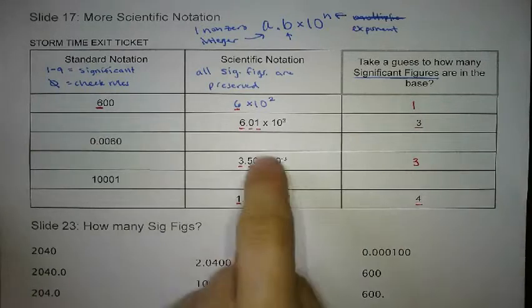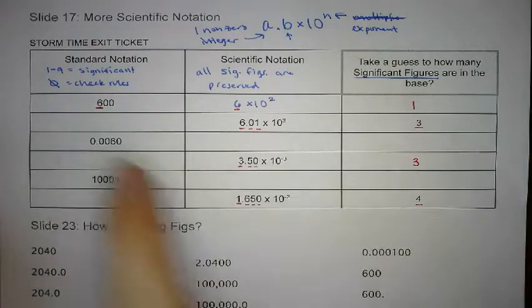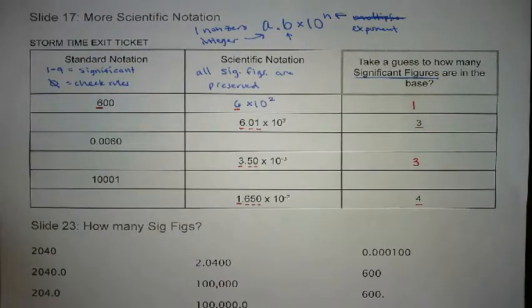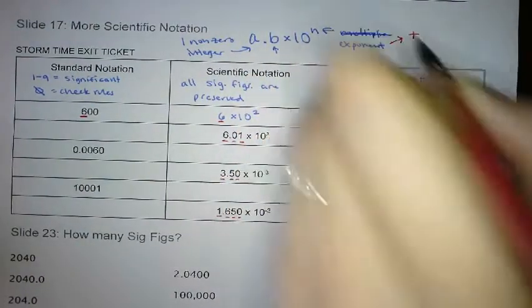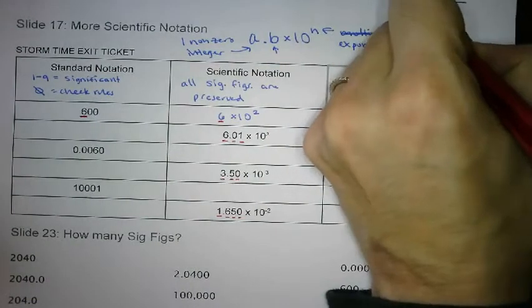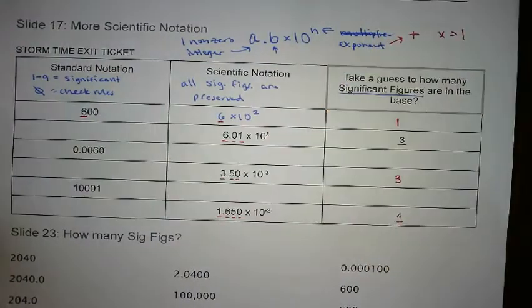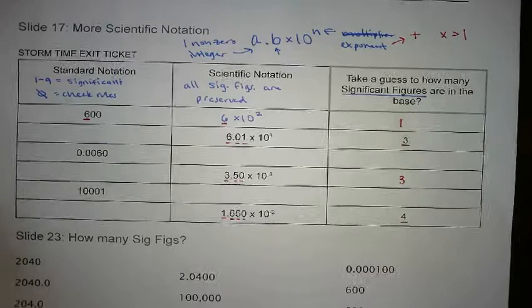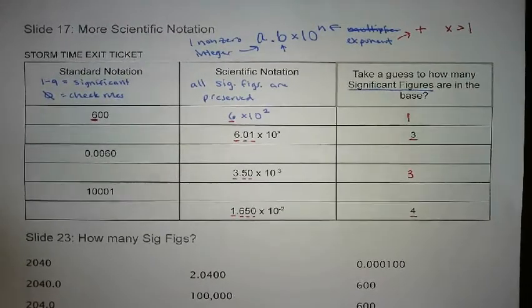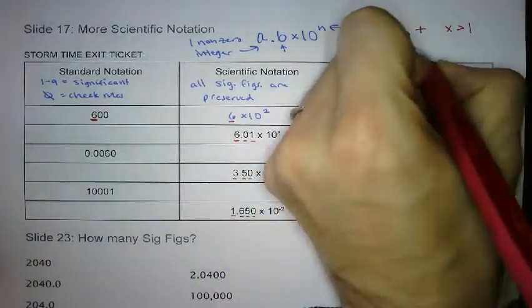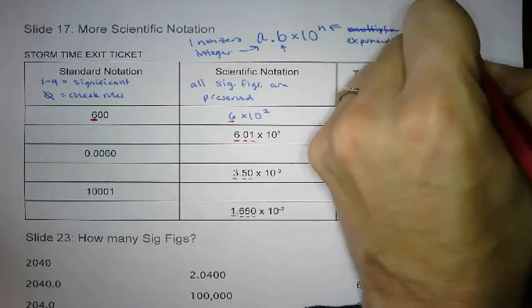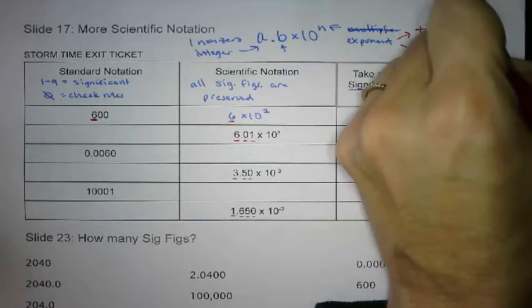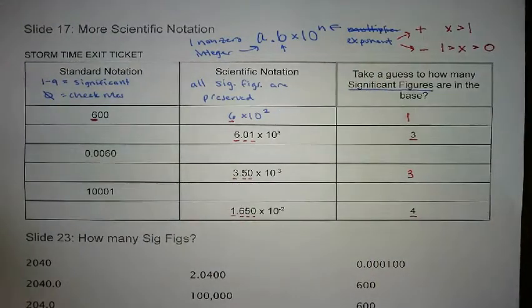Going backwards from scientific notation into standard notation, remember that if the exponent is positive, your number is bigger than 1. Okay, usually if you're bothering to put something into scientific notation, it's much bigger than 1. If you have a negative exponent, that means that your number is less than 1, but it's still bigger than 0.